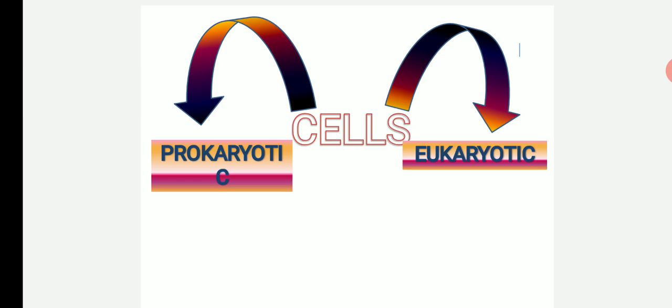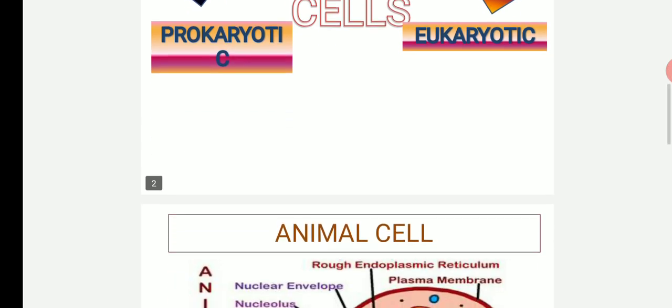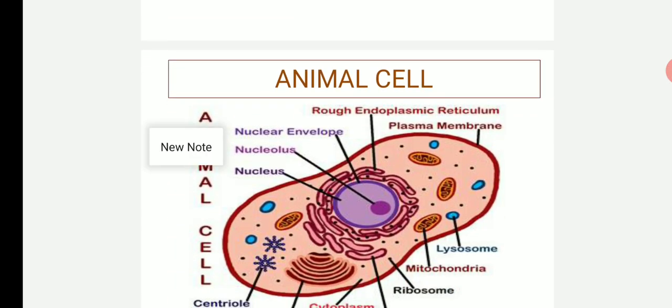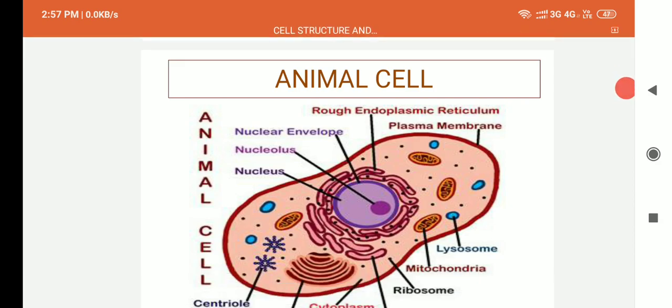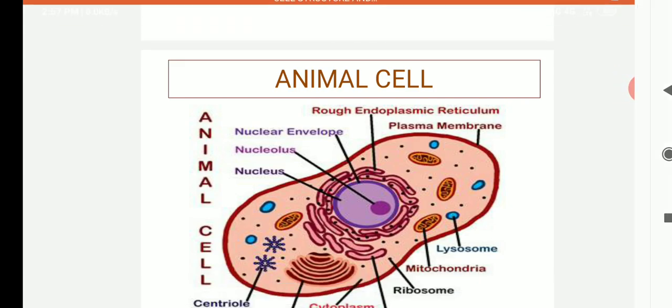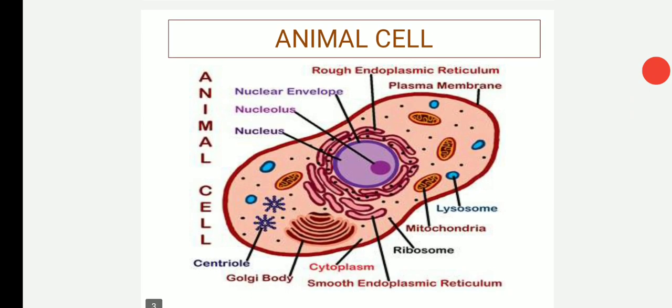Now, let's talk about the structure of the cell. Firstly, the cell membrane. On the outer side of the cell, we see that the cell is bounded by the cell membrane, also known as plasma membrane. It is a barrier that separates the cell from the outer environment.